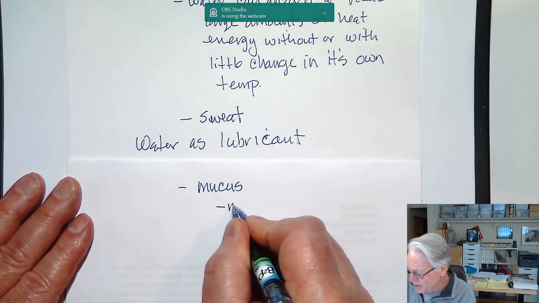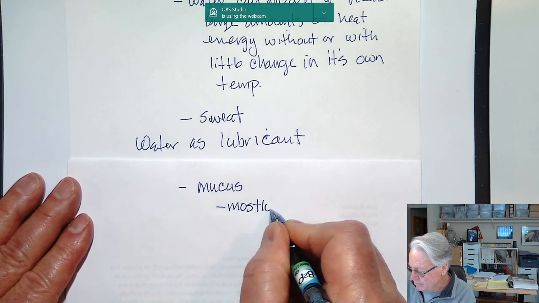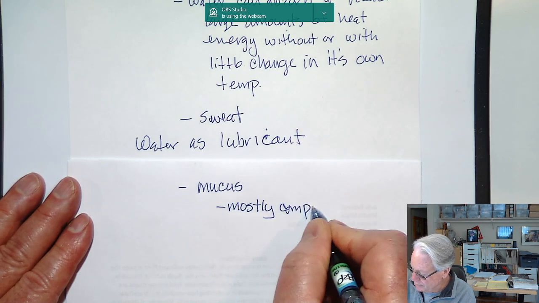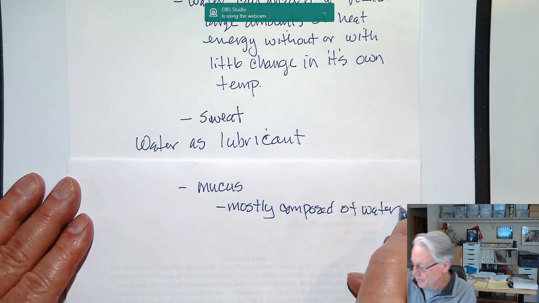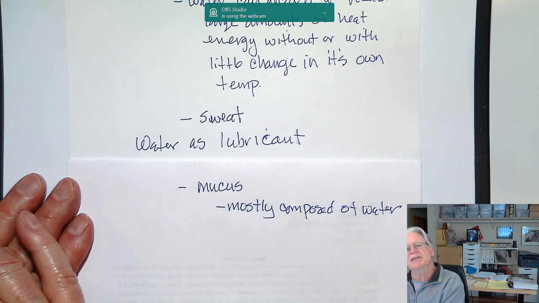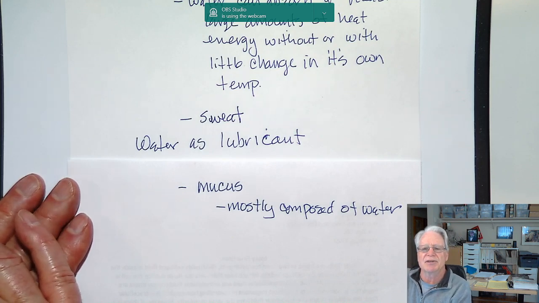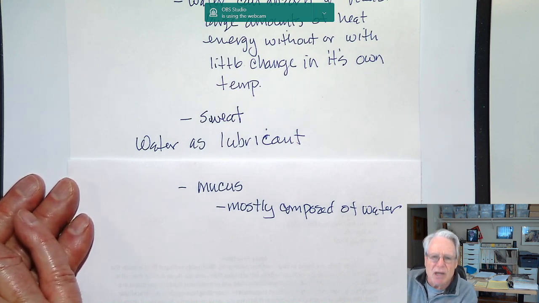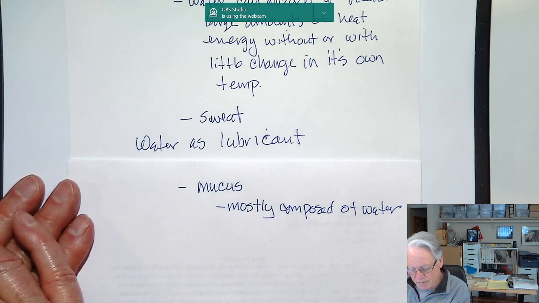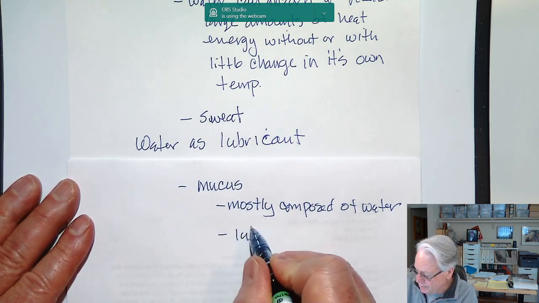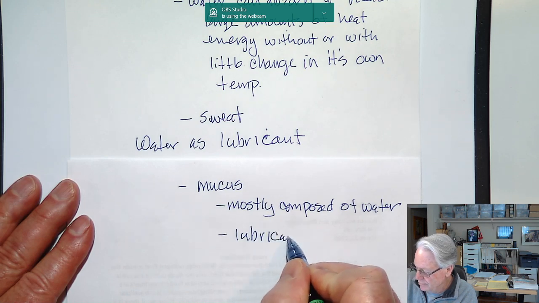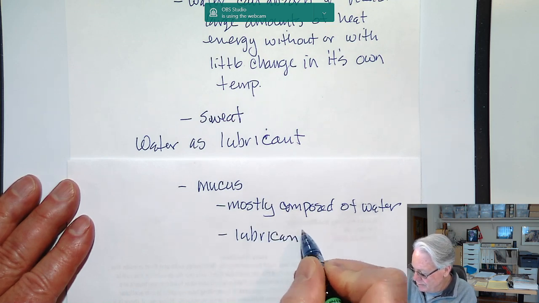And mucus is mostly composed of water. Has some polysaccharides in there and a variety of other molecules, some lipids and things, but mostly it's composed of water. And it's used to lubricate. It's a lubricant.